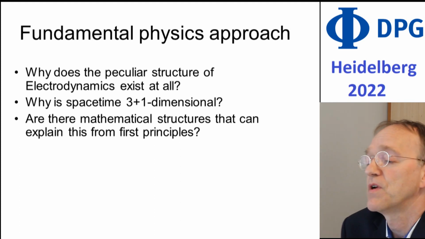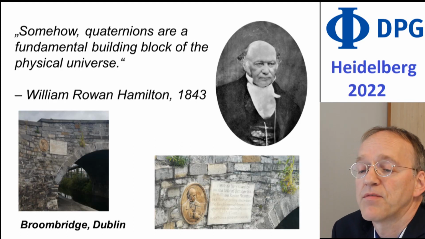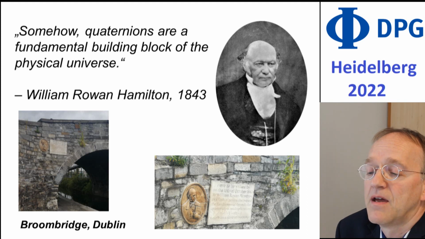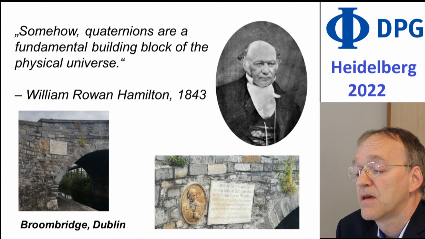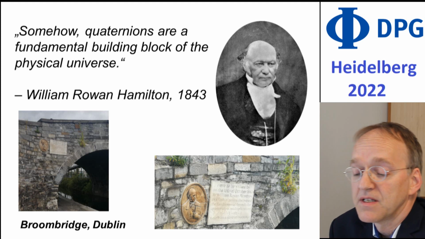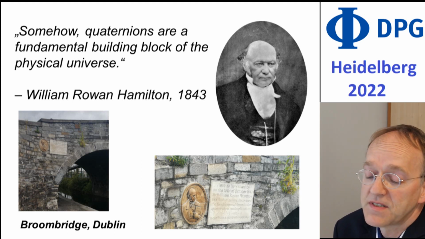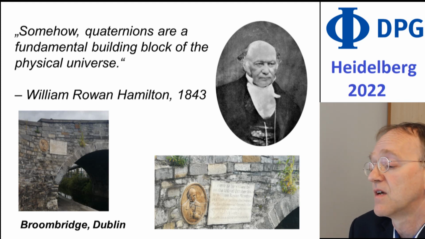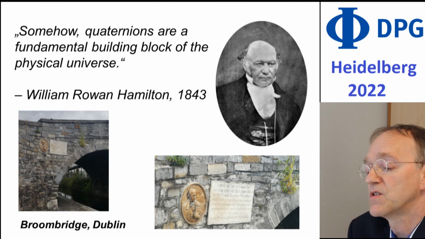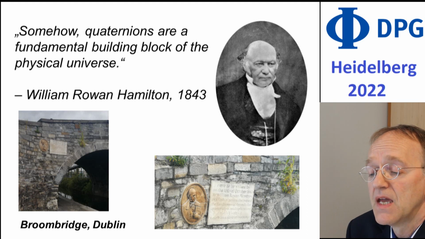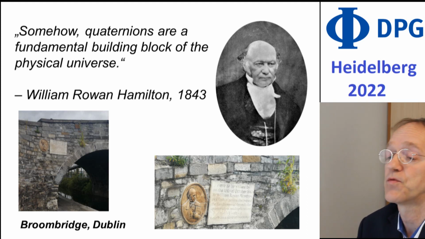In 1843, the famous Irish mathematician William Hamilton discovered a four-dimensional algebra. The question was, can we define a reasonable multiplication in 3 dimensions as it was defined in 2 dimensions by complex numbers? And the answer was no, you need 4 dimensions.